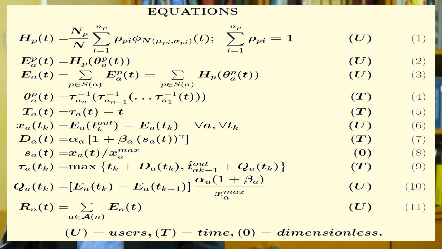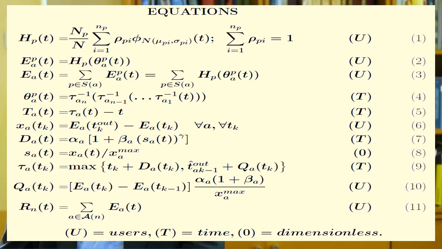Equation 10 gives the value of q_a of t_k as explained before. Finally, equation 11 provides the cumulative number of users who have passed the end of node n in terms of the e_a of t function. Note that the summation is extended to all links whose end node is n.